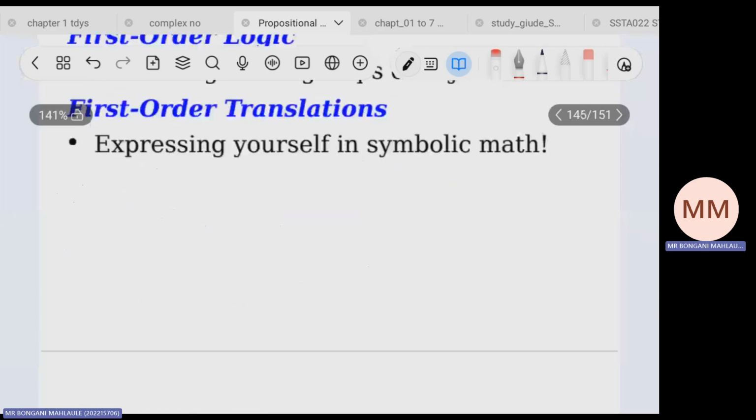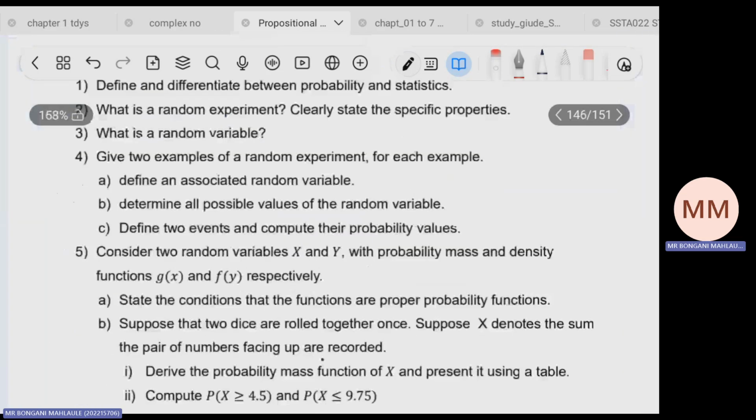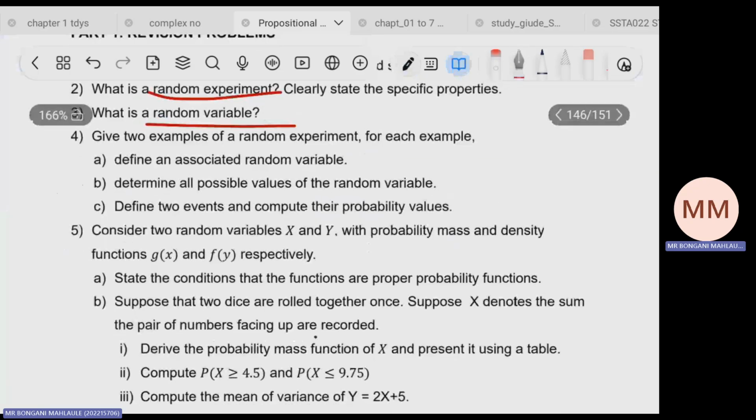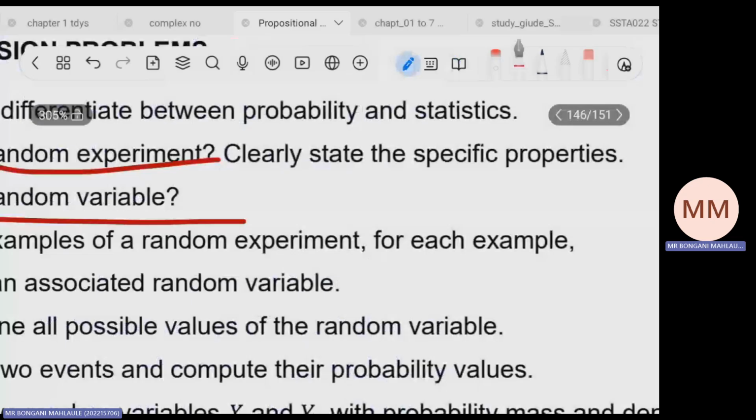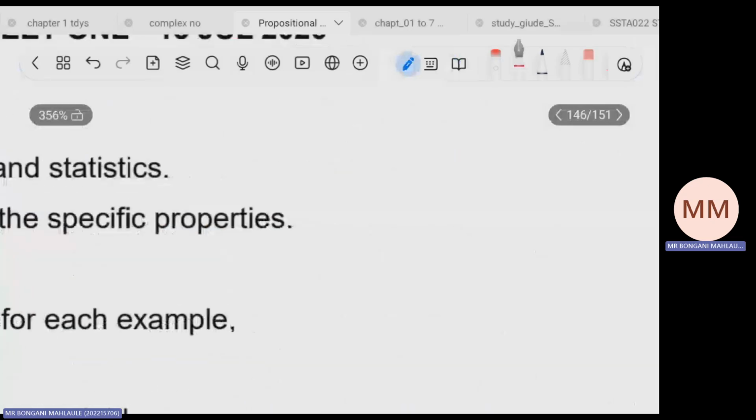Then when it comes to this one, they say define what is a random experiment, what is a random variable. So I'll just explain them here. Random experiment.